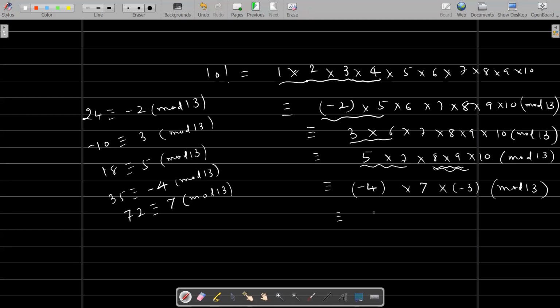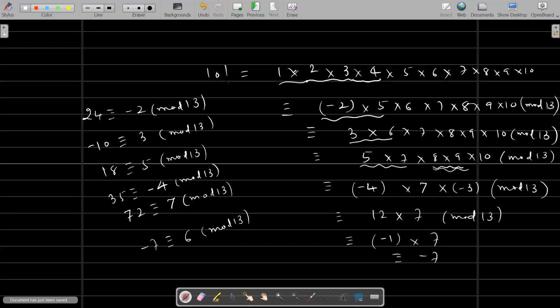So this is 12 sevens mod 13. Now 12 is like minus 1, into 7, that is minus 7. And minus 7 is again the same as plus 6 modulo 13. Check. The difference will turn out to be 6 minus minus 7, that is 13. That is 6 mod 13.